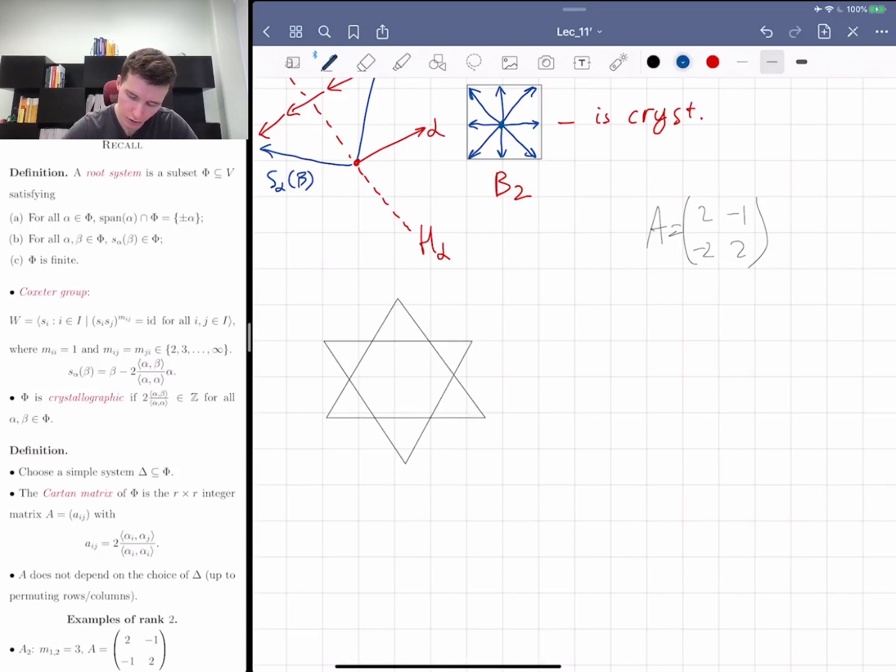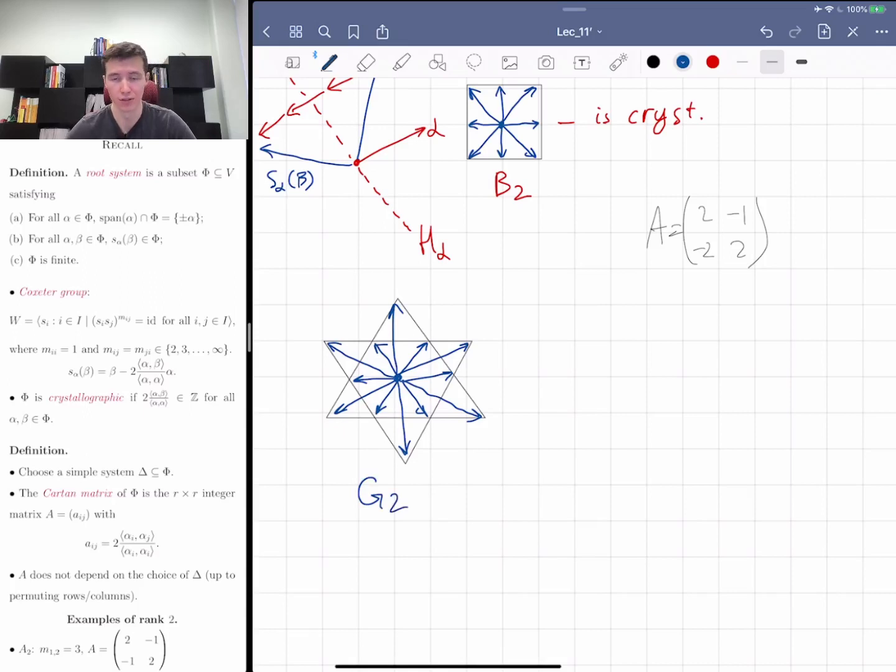And then I'm going to choose the origin and I'm going to draw all these vectors. So my root system is going to have 12 roots. And that root system is called G2.